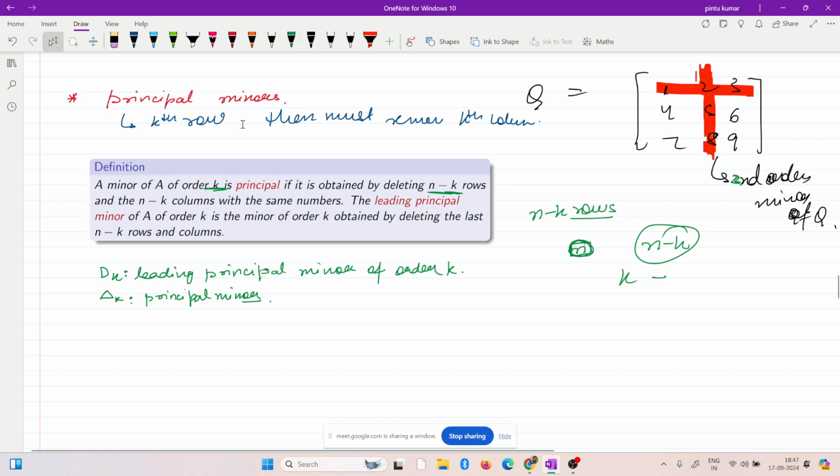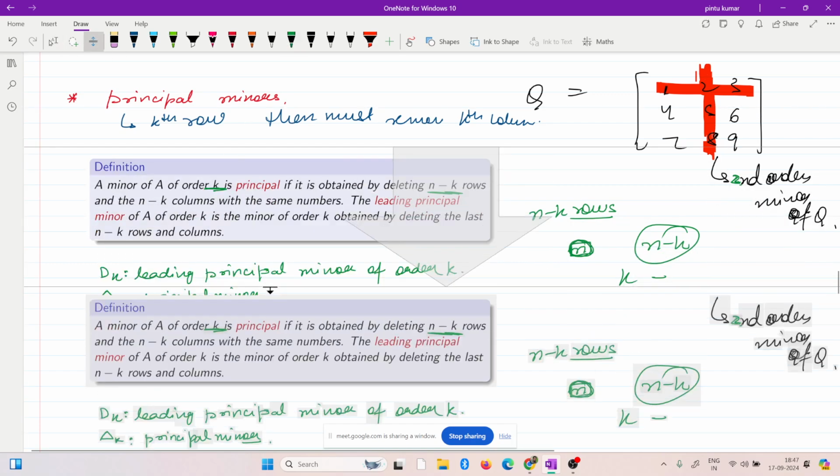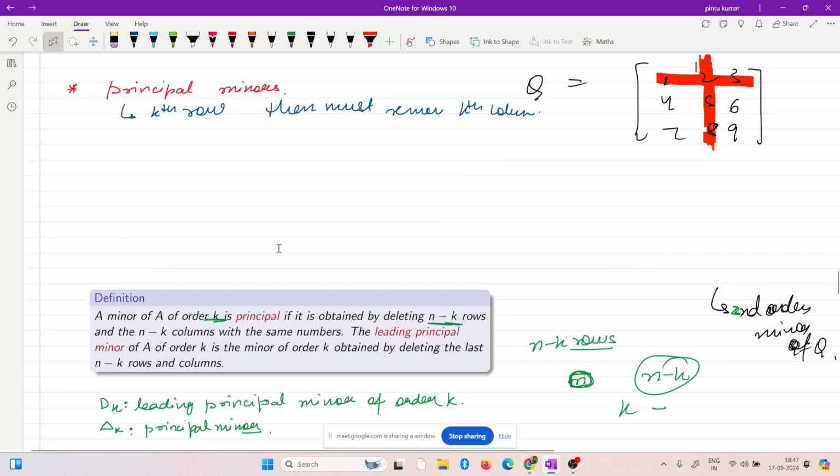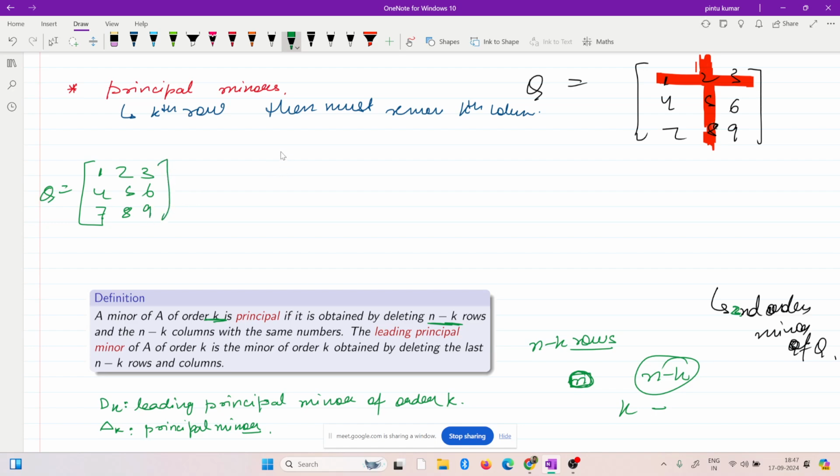Okay. So I have defined what principal minors are. So let's look at an example. Let's call this matrix Q, and this is 1, 2, 3, 4, 5, 6, 7, 8, 9. I'll use this triangle 1 to denote all the first order principal minors. As per the definition, you have to remove 2 rows and 2 columns.